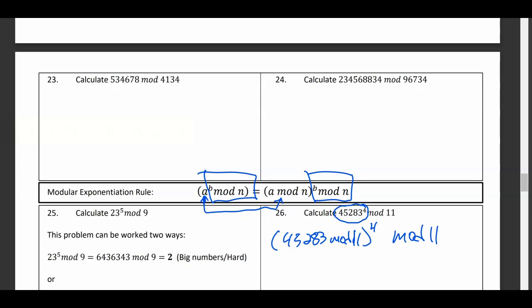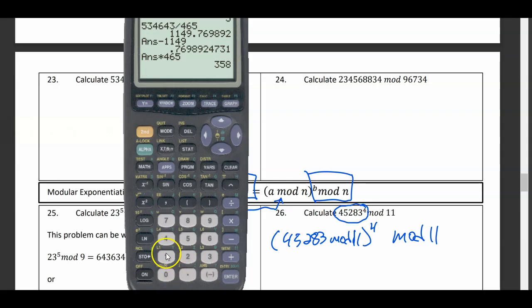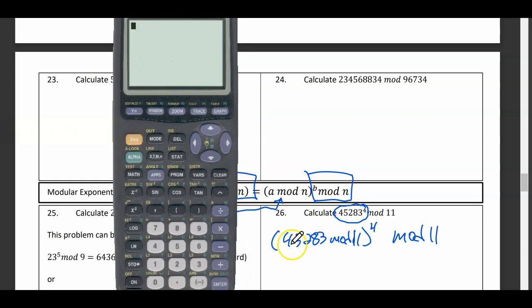Now, why this is important is if I looked at 45283 and raised it to the fourth power, it's big. If I divide by 11, I can't subtract the whole number part from that. It's too big. So instead, we make the 45283 number smaller by doing its modular 11.